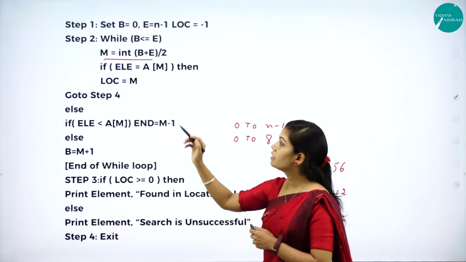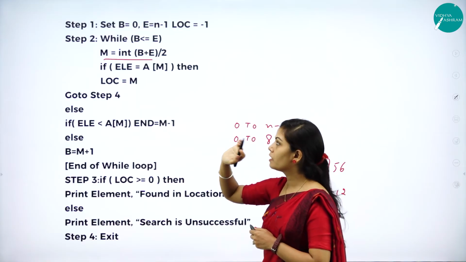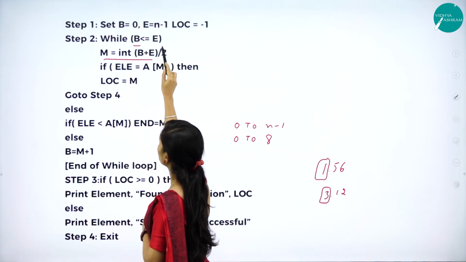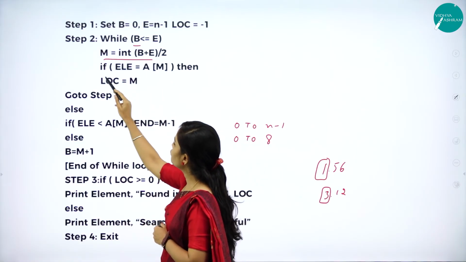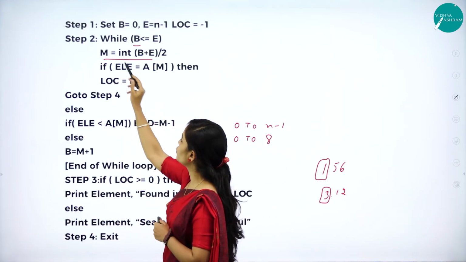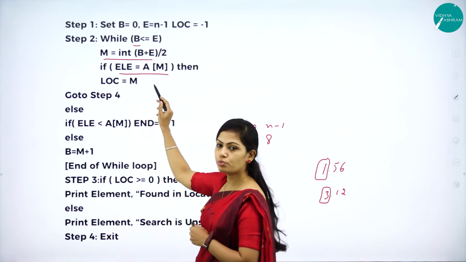We have to find the beginning and end value. Why? If your beginning value is less than or equal to end value, then you can go for midpoint. If element is equal to A of M, after finding the midpoint value, you can compare the element value with midpoint value.